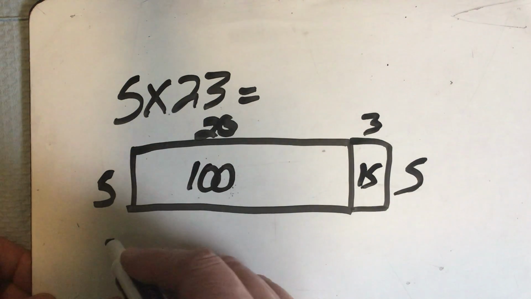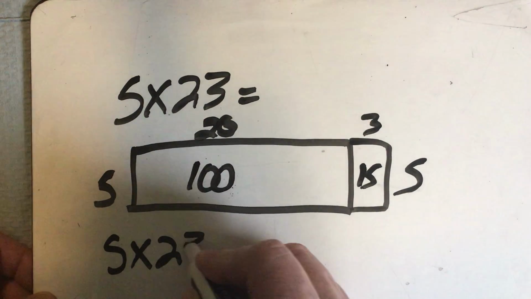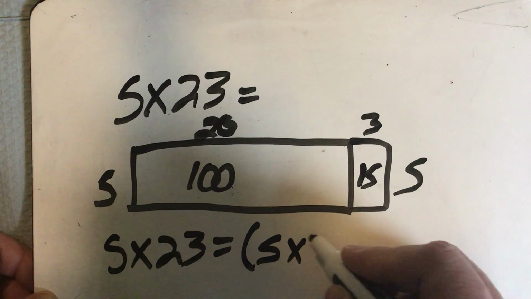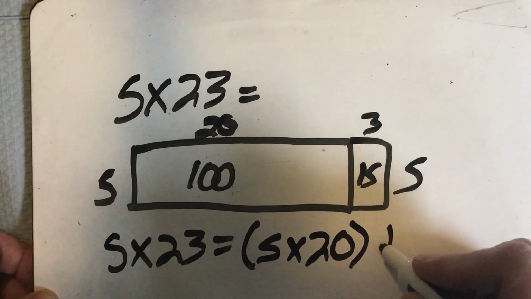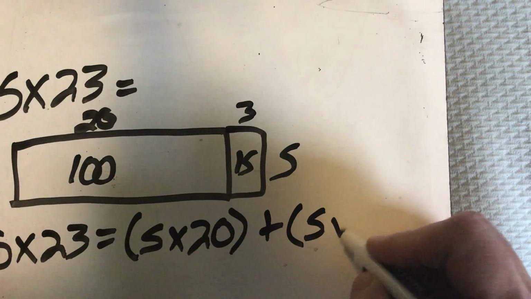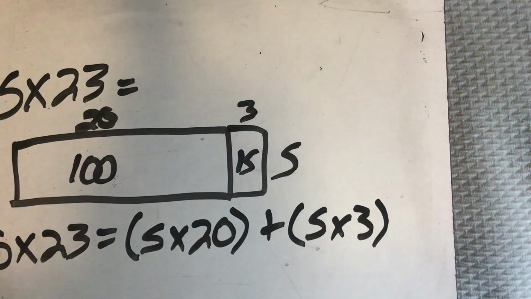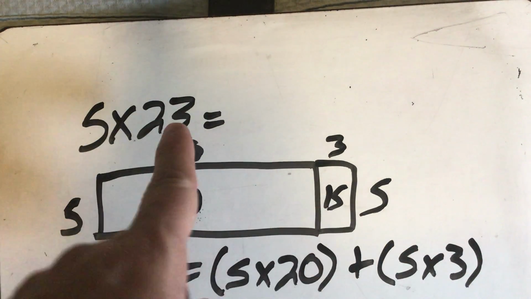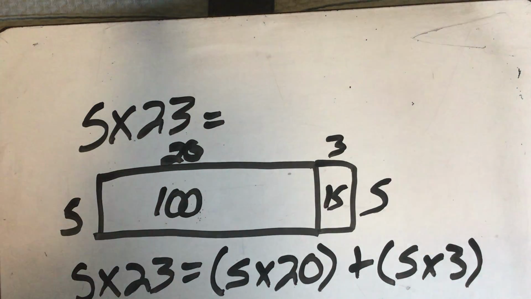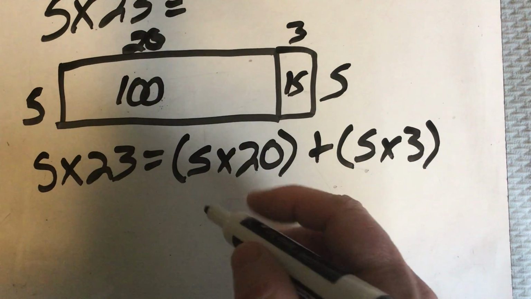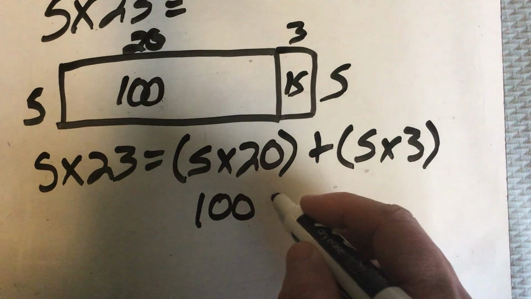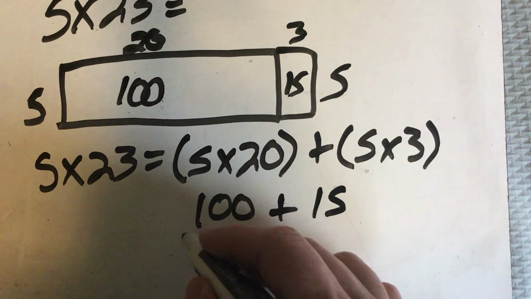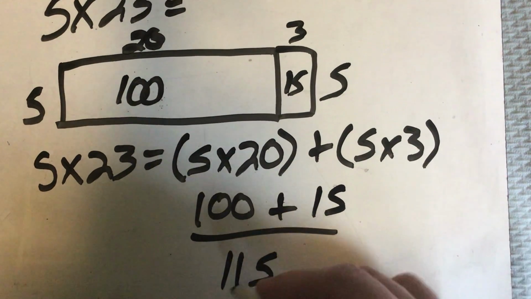So I can write 5 times 23 equals 5 times 20 plus 5 times 3, because 20 plus 3 equals 23. 20 times 5 is 100, plus 5 times 3 was 15. I add those together and get 115.